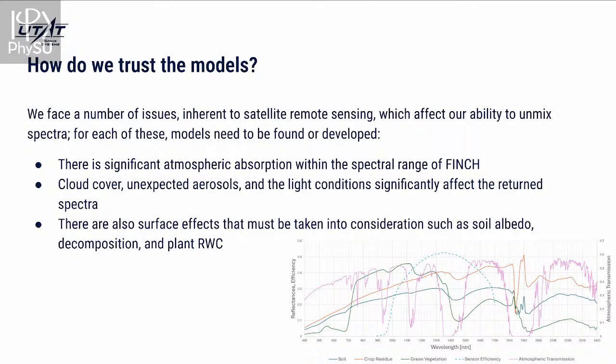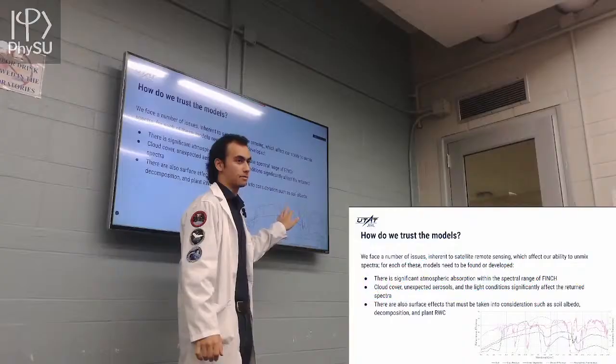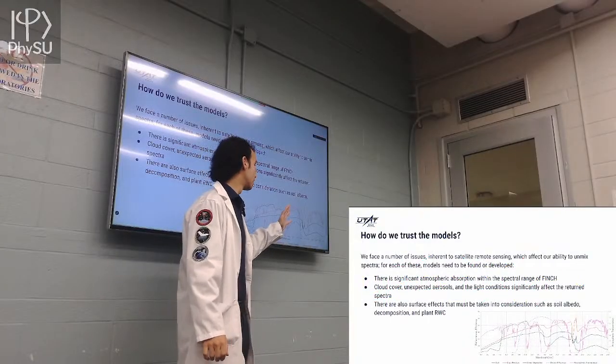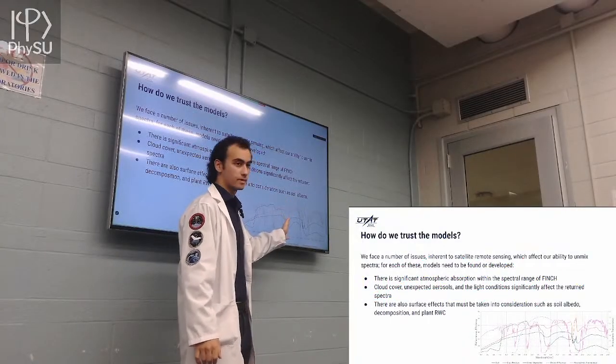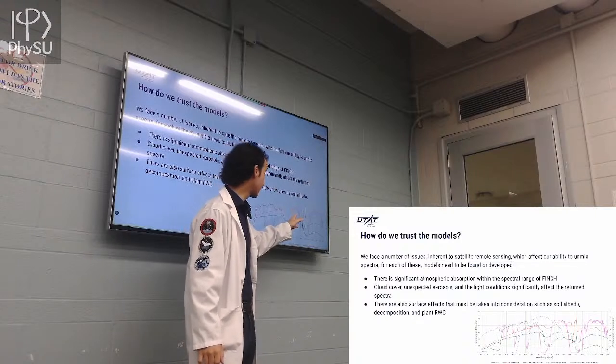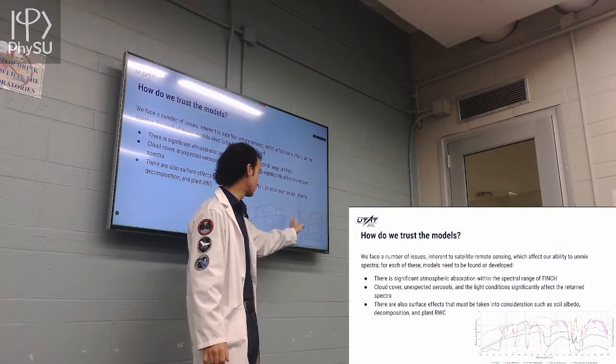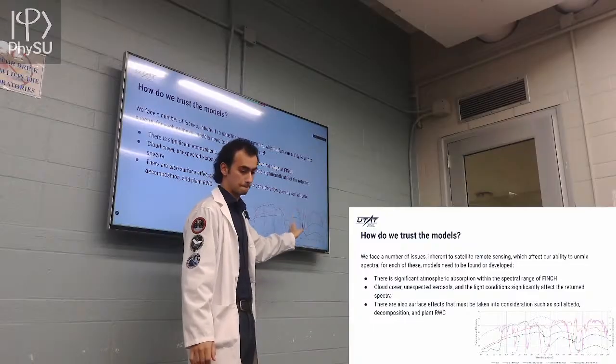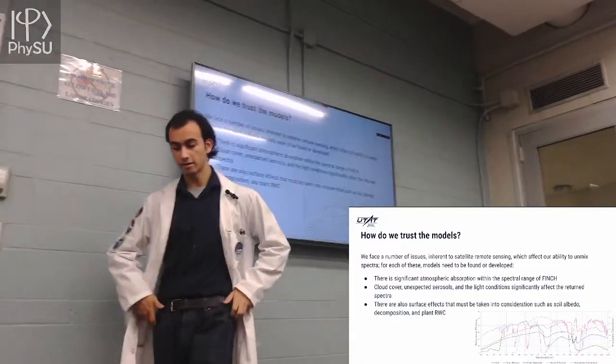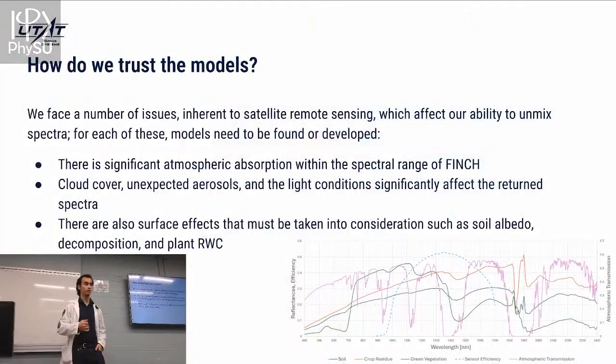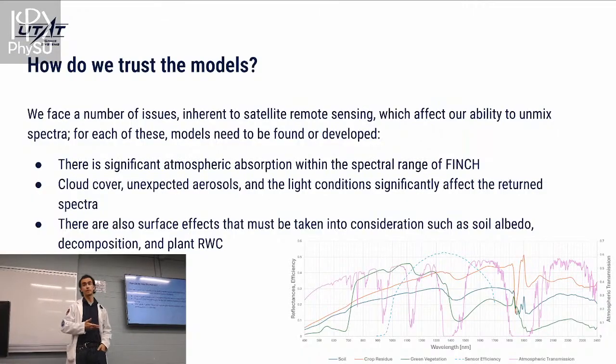Returning to this graph, within the Finch spectral range, there are significant atmospheric absorption bands. These are useless. And even in the bands that are still able to be transmitted through the atmosphere, there are quite significant atmospheric effects that have to be accounted for.